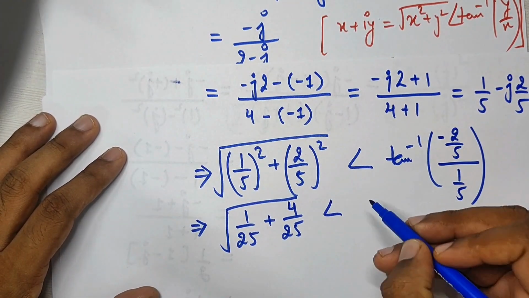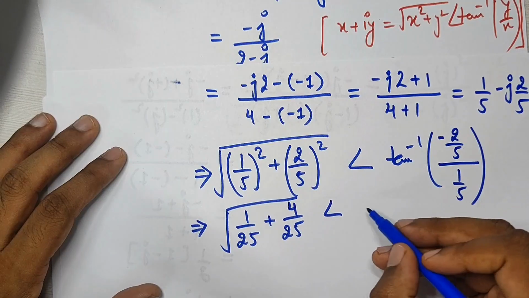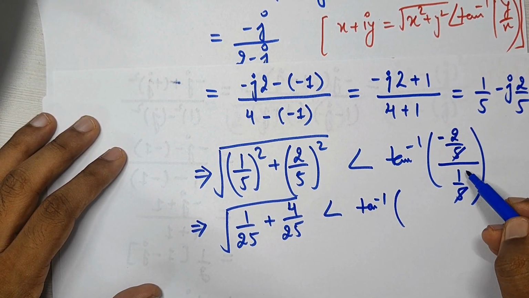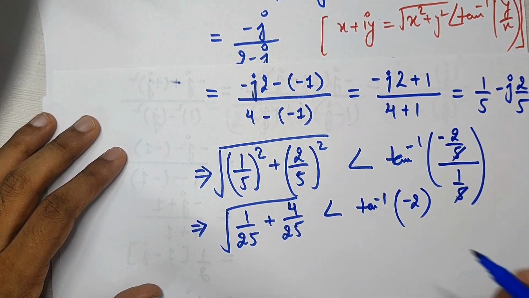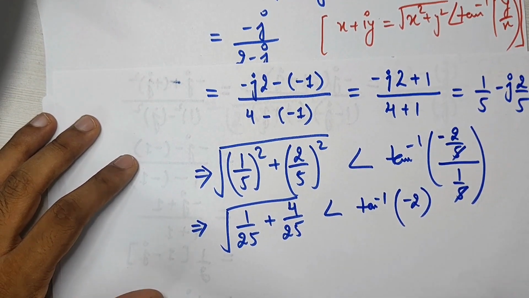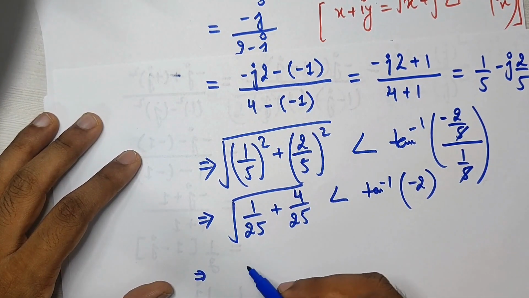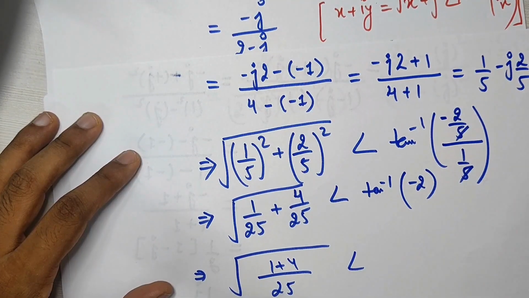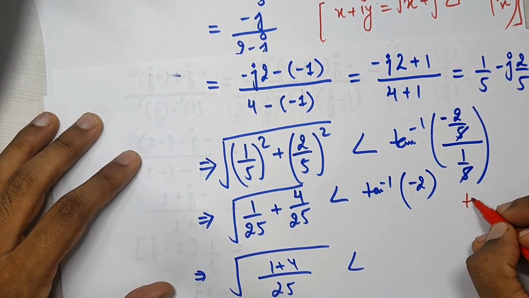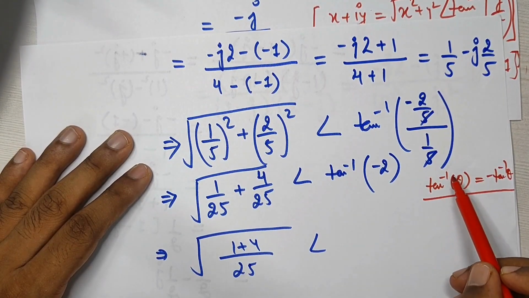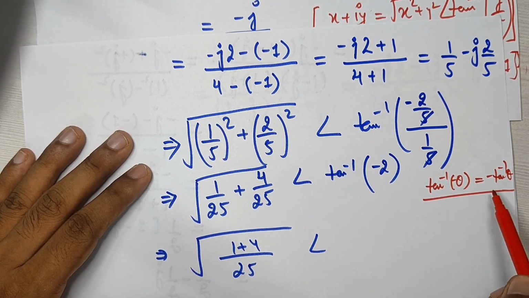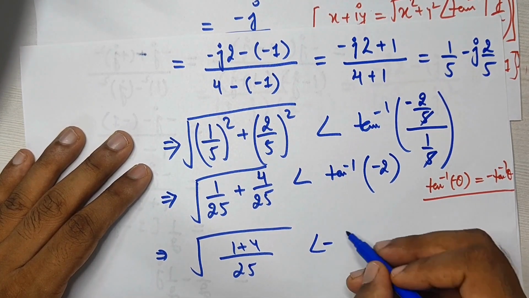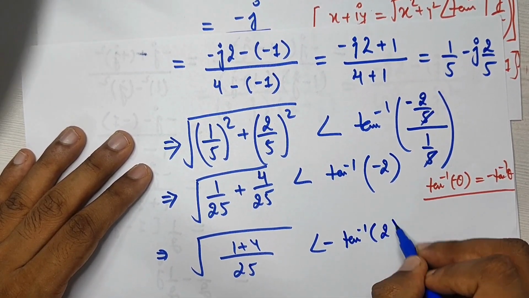For the angle, it is tan inverse of y upon x, that is minus 2 by 5 upon 1 by 5, which is minus 2. The magnitude becomes the square root of 5 by 25. As we know, tan inverse of minus theta can be written as minus tan inverse theta. So this will become minus tan inverse 2.